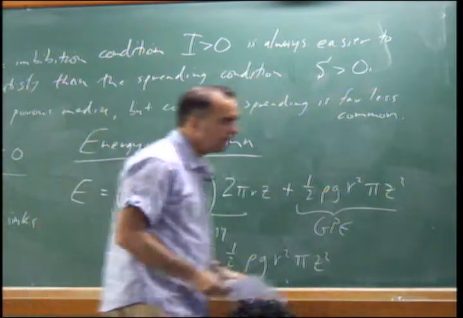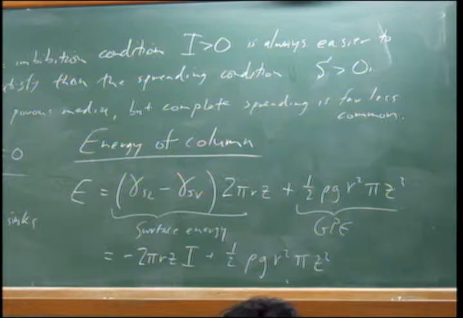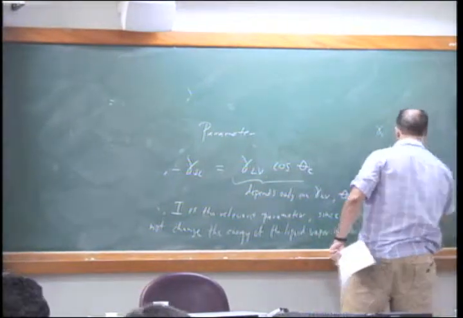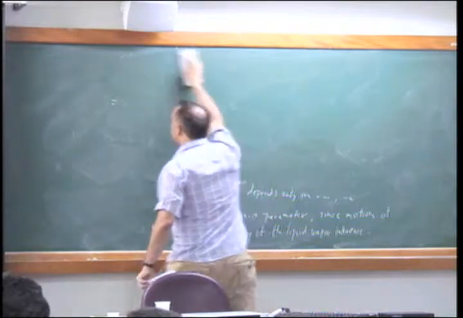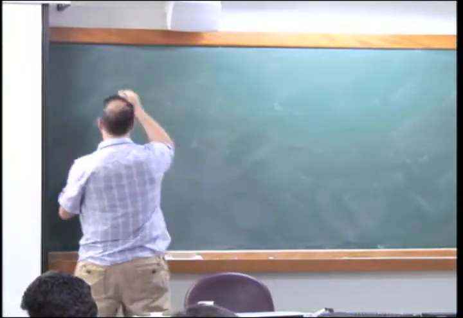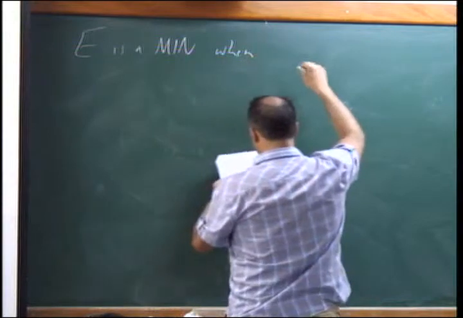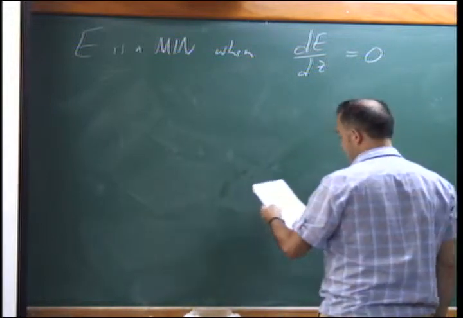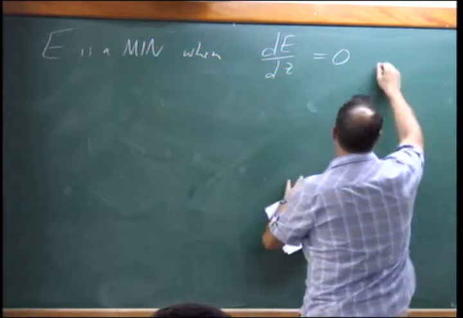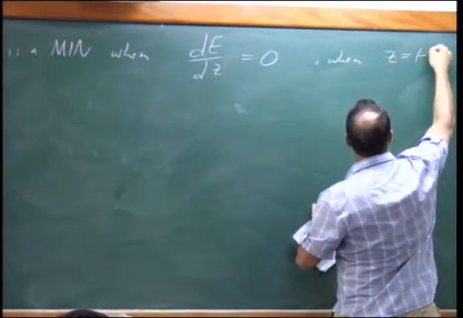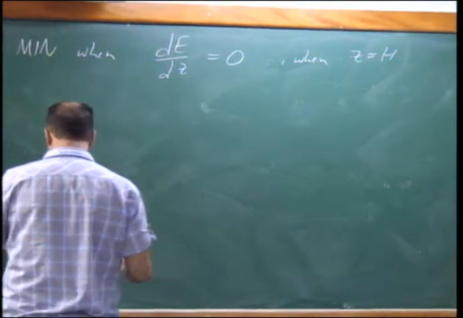Okay, so this is going to be a minimum when dE by dz is equal to 0. Let's call the height at which the energy is minimized h.